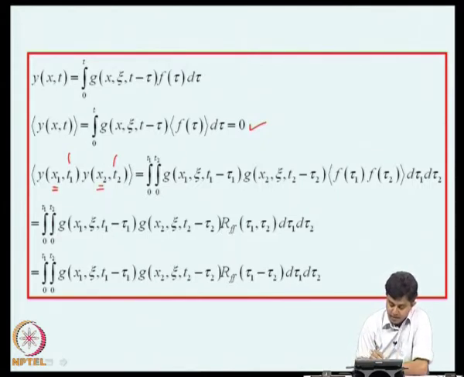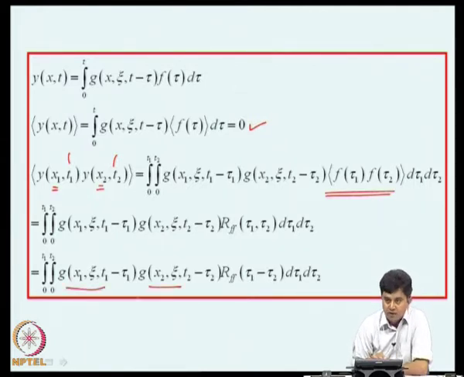So, we need to evaluate this integral where the expectation of applied force appears here. This is a stationary random process. So, RFF of tau 1 comma tau 2 can be written as RFF of tau 1 minus tau 2. We already derived the Green's function in terms of the natural frequencies and mode shapes of the system, modal damping, natural frequencies and mode shapes. So, that can be plugged here and these integrals can be evaluated to determine these requisite moments of the response.